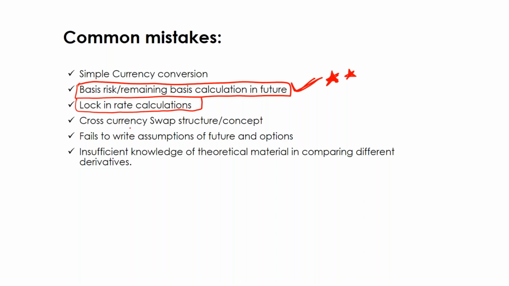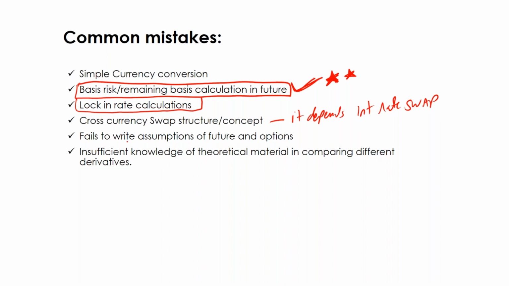Then currency swap structure: you should know how a currency swap structure can be made. It depends upon interest rate swap. Even if in today's lecture we are not able to cover currency swap or interest rate swap, I will make one video available to you on the interest rate swap, and by watching that video your concept will be clear.